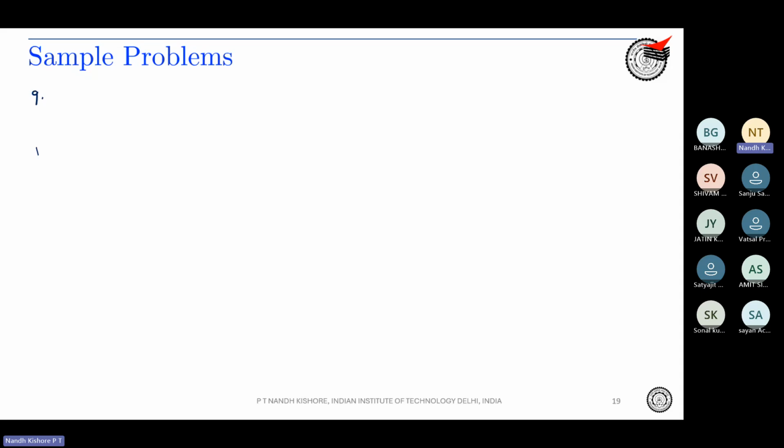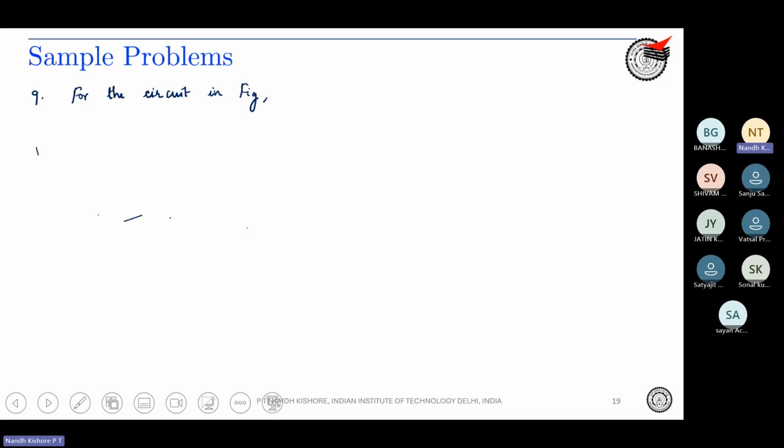Again, a similar kind of question. For the circuit in figure, find I naught for t less than 0 in ampere.